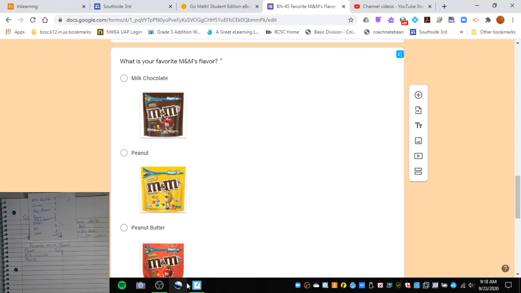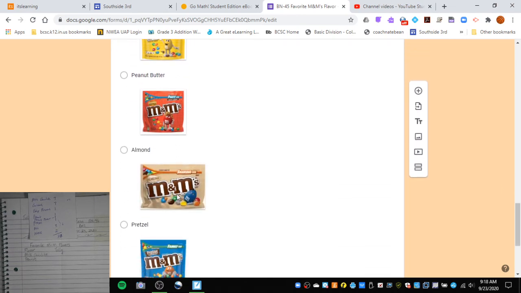Now, I know that it said on our list here that caramel was next, but this is the one that came next in the survey. Then I had peanut butter.